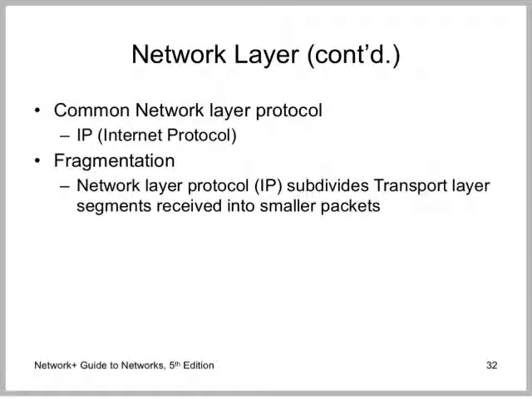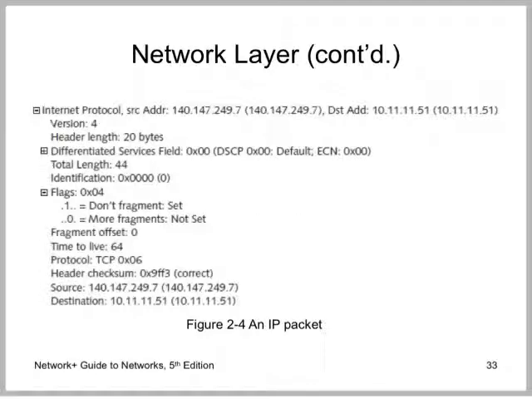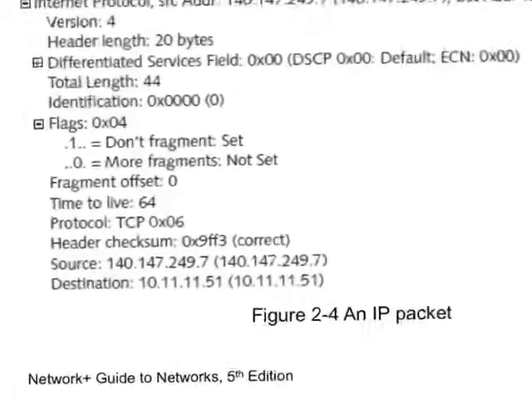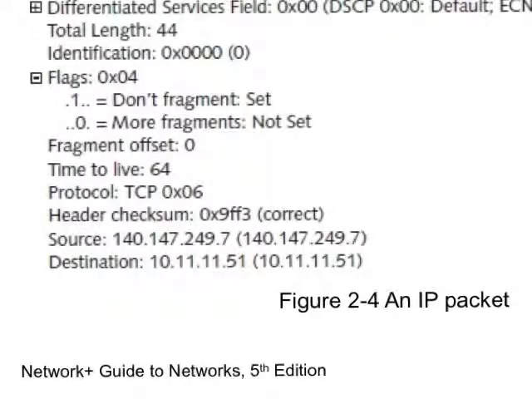Then in the network layer, the last is fragmentation. The network layer protocol, IP, subdivides a transport layer into smaller packets. So it breaks the data up into bite-sized packets. The only thing I need to show you on this one is source and destination at the bottom.